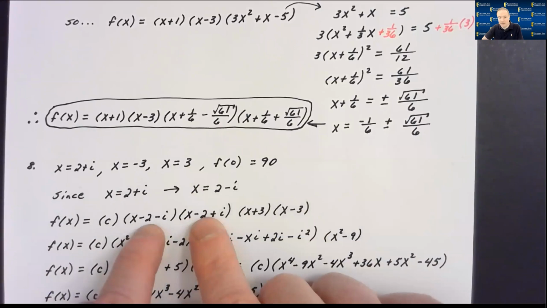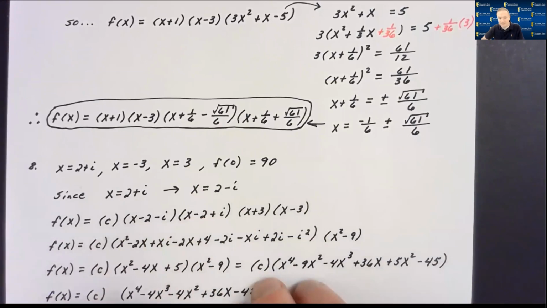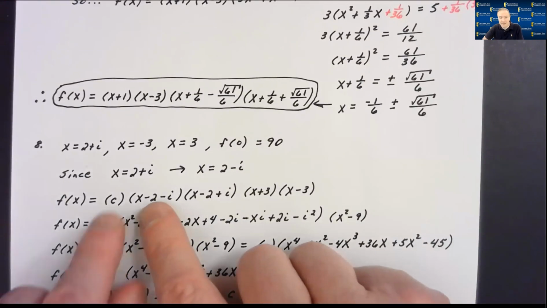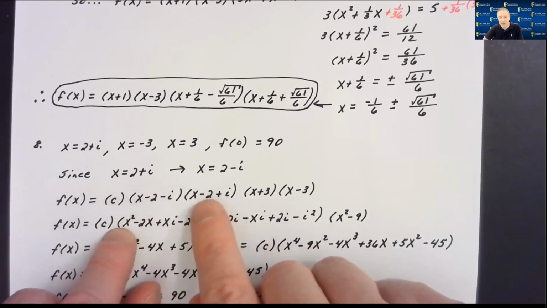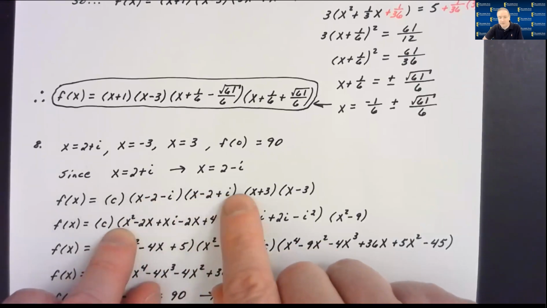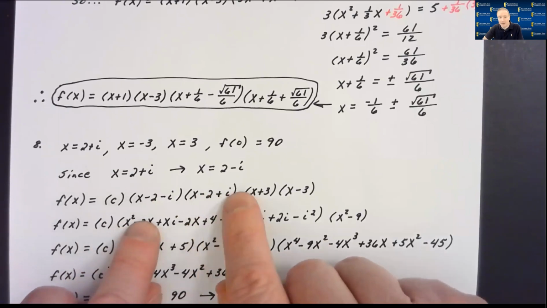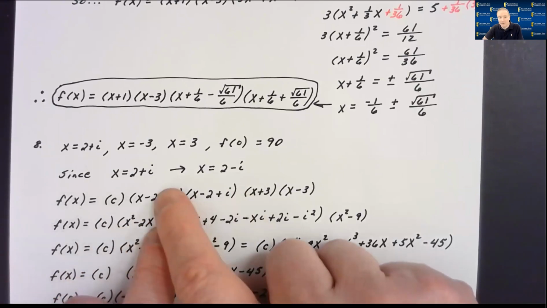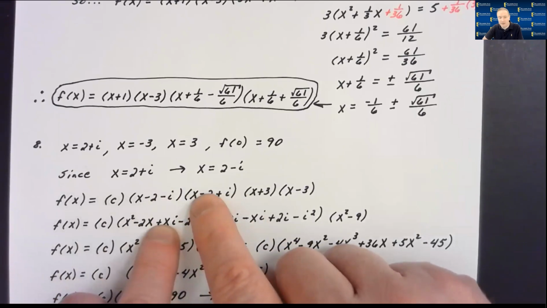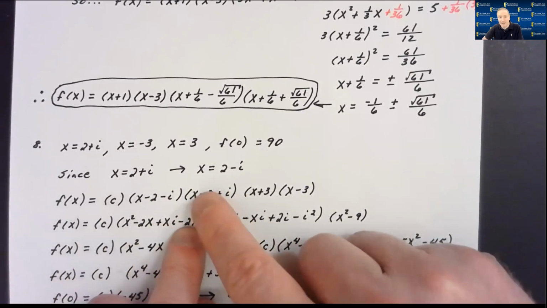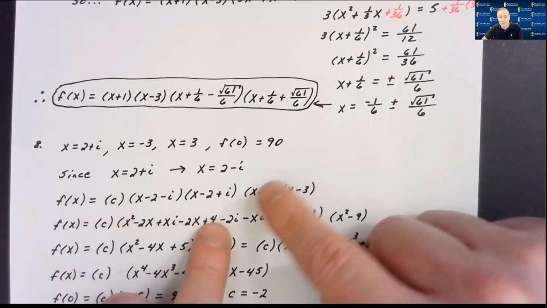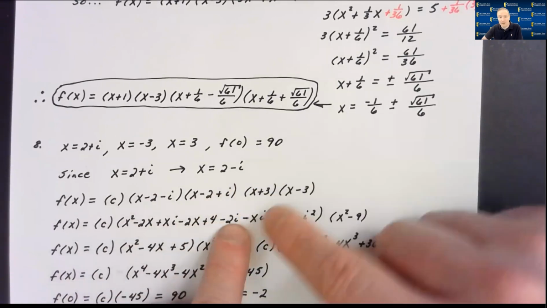So when I multiplied the 2 complex factors together, what I did here is I just said, well, I know that this x is going to distribute through every term in this group. When it does, I get x squared minus 2x plus xi. Then -2 distributes through that second group. That's where I get minus 2x plus 4 minus 2i.